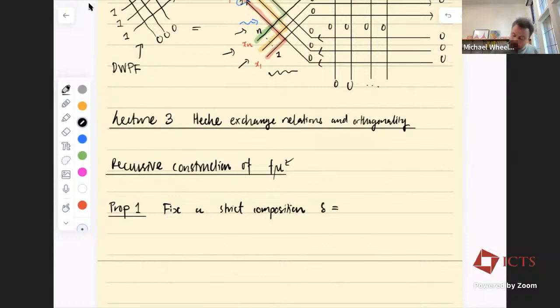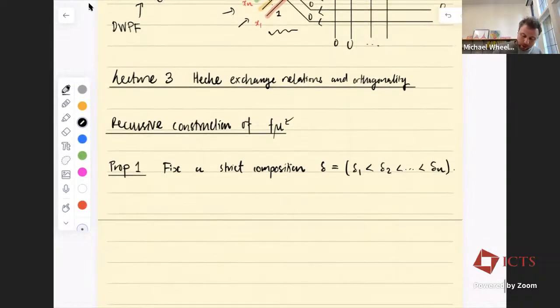Delta is being used here because I'm going to assume that the elements are increasing, so delta 1 less than delta 2 up to delta n. If I have such a strict composition, then I have the following explicit formula for F delta.